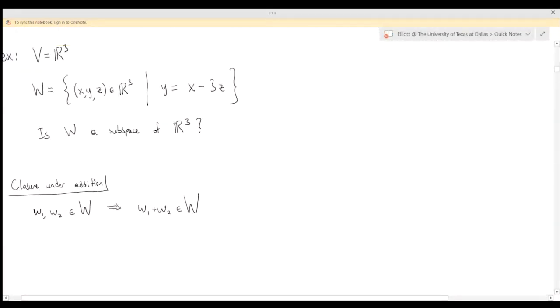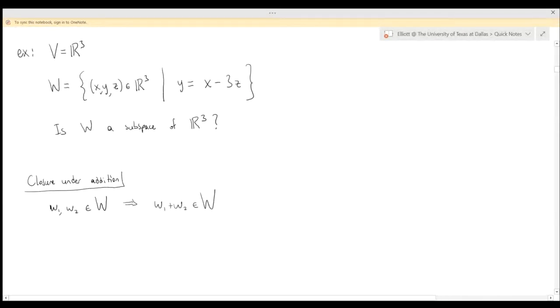So what I'm going to do here is I'm going to use letters for the components of W1 and W2. I don't want to use specific numbers because that won't be able to prove that it's closed under addition. All right, so I've got my two vectors, W1, W2. They're vectors in R3, which is why they have three components.